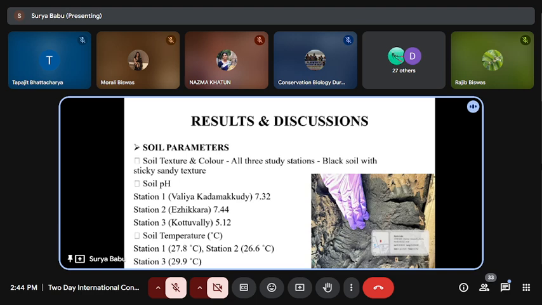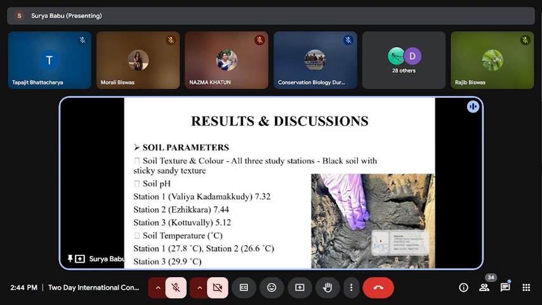The physical parameters of the soil, such as soil texture and color, were analyzed. The soil is black soil with a sticky sandy texture. Then the soil pH was compared, and from the study it was clear that stations 1 and 2 show a slightly neutral value, and station 3 has a highly acidic pH value because the station was very close, in proximity to the Arabian Sea.